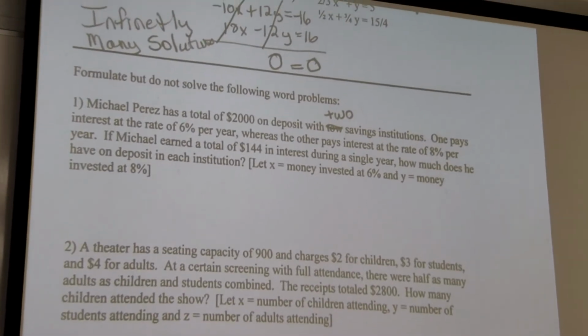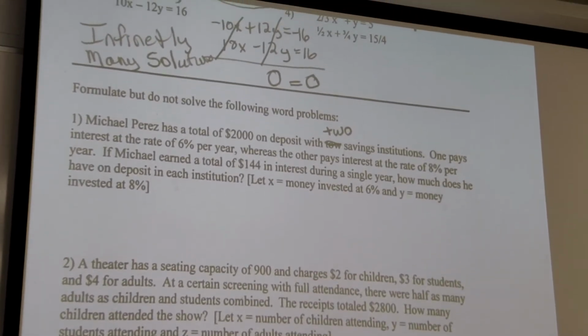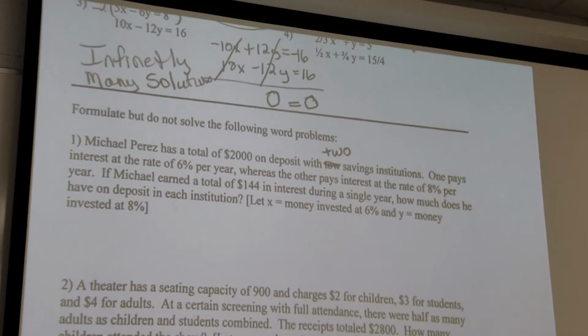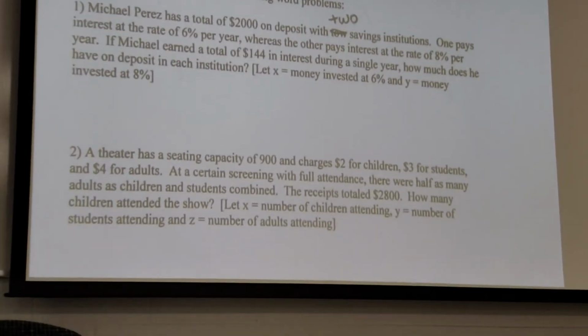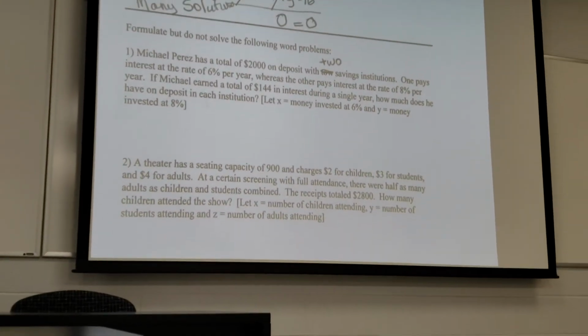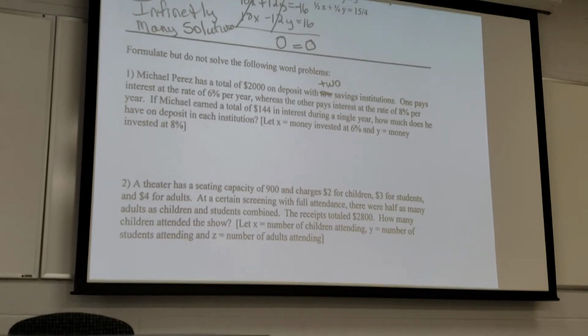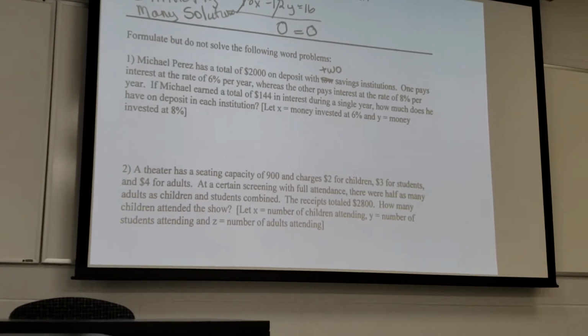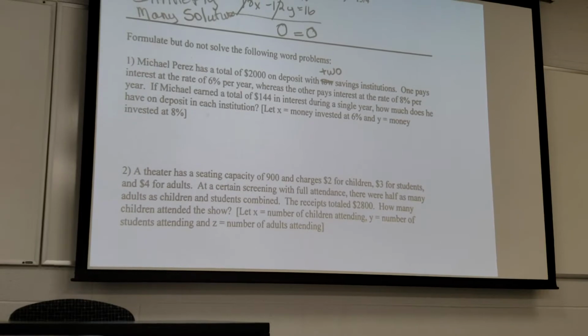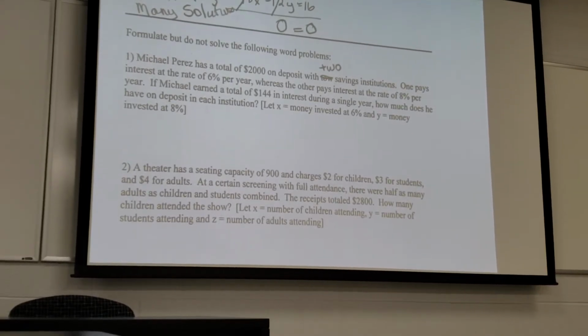Let x be the money invested at 6%, and y be the money invested at 8%. I have to have 2 equations. This is called a system of equations. So we're going to come up with 2 equations. How much does he have on deposit? $2,000.